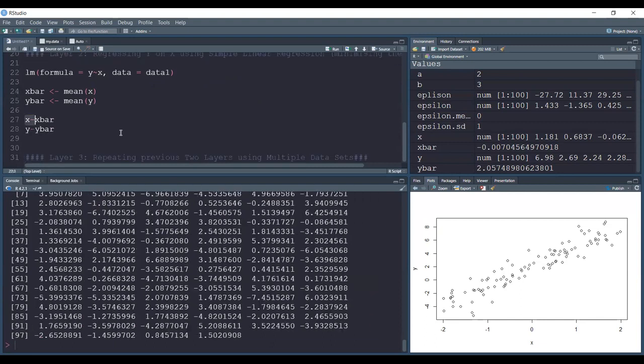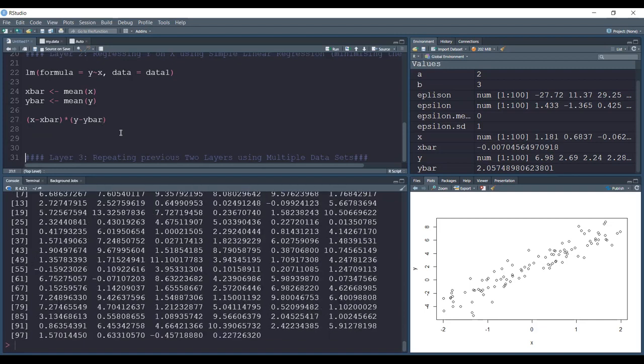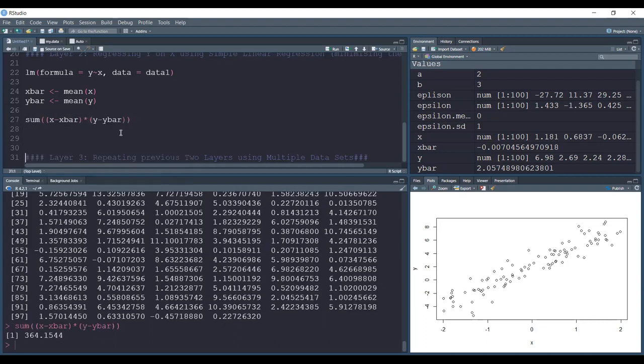And then we need their product. And now we just sum everything. And there you go, 364.1544. We need to divide it by the denominator.